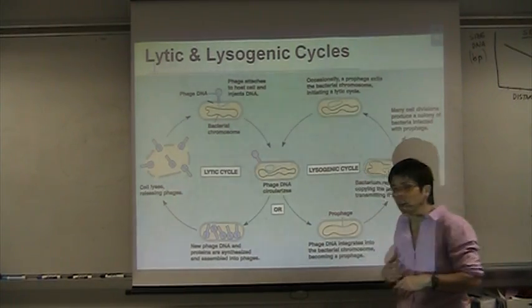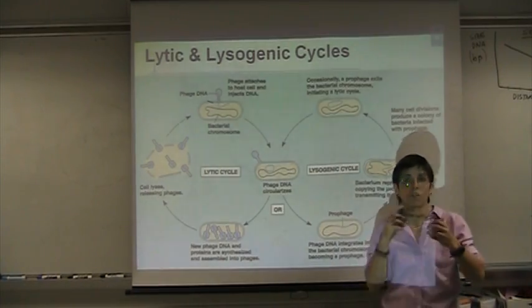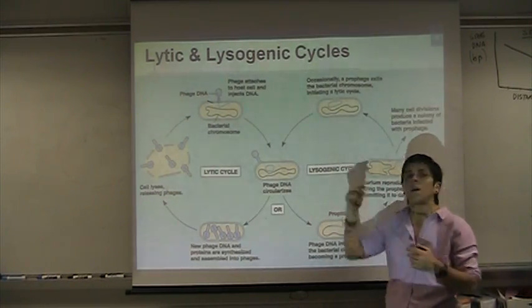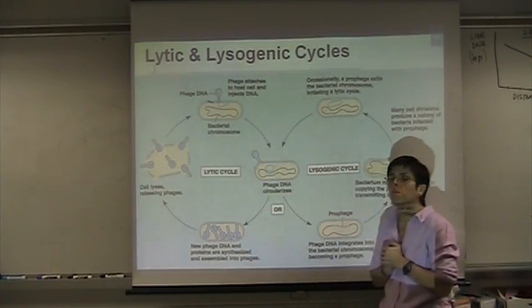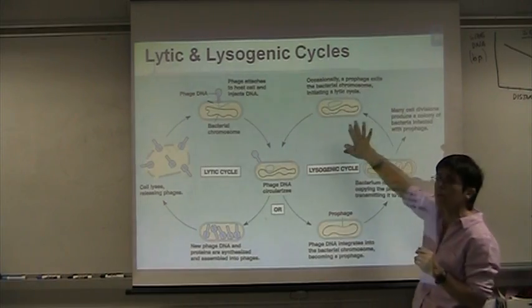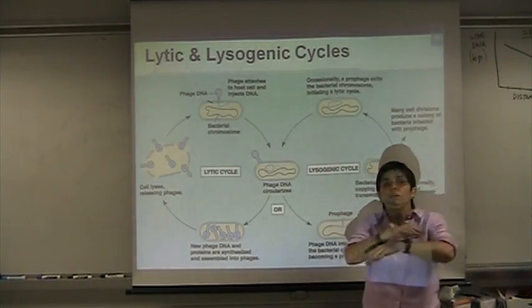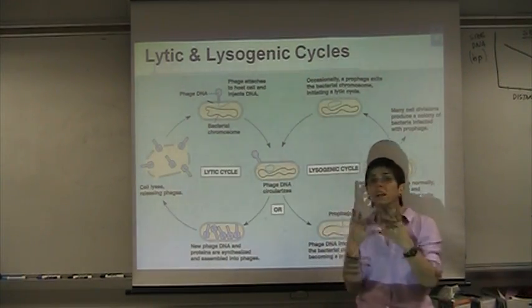Now, it's usually triggered by some environmental factors or stress, or you eat something that is very spicy that doesn't sit well with you. We are not sure exactly what, but that is sometimes a trigger for the viruses to come out of the lysogenic cycle and become lytic. So you don't have anything, and then all of a sudden, without explanation, you break out.